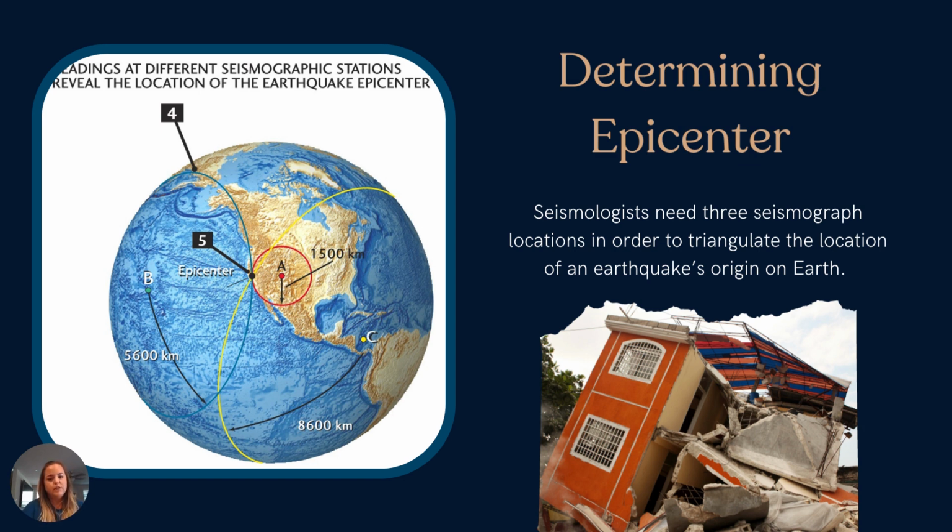So seismologists who study earthquakes need at least 3 seismic stations or seismograms in order to triangulate the epicenter. Because we have really good technology nowadays, we have a lot of these stations set up, so we definitely have more than 3 that can pick up these things.